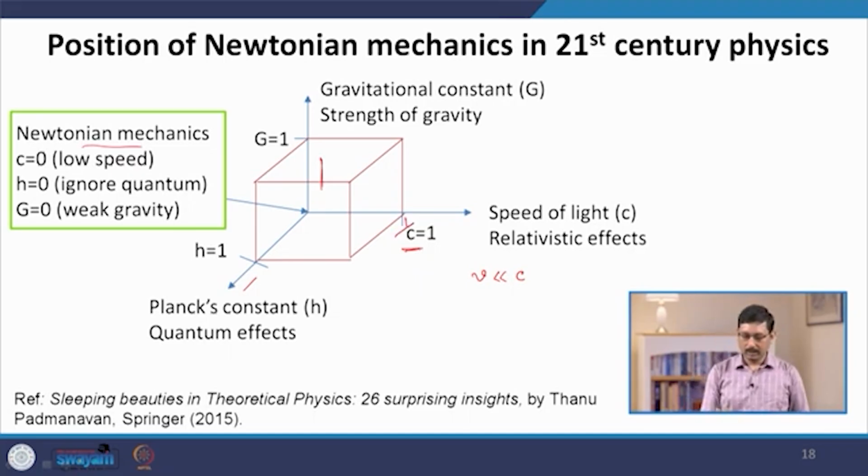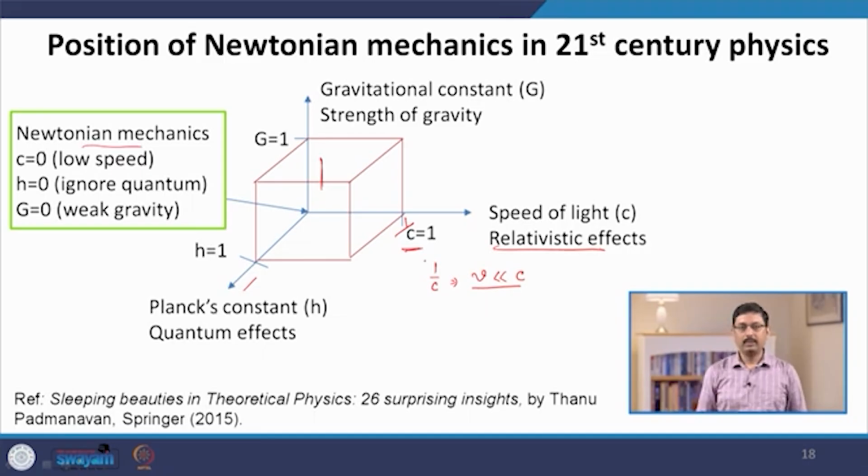So, if 1 by c is 0, that implies that we can take the speed of light to be practically infinity, which means really that the objects we are studying are moving very slowly compared to the speed of light, so that we can ignore the relativistic effect.